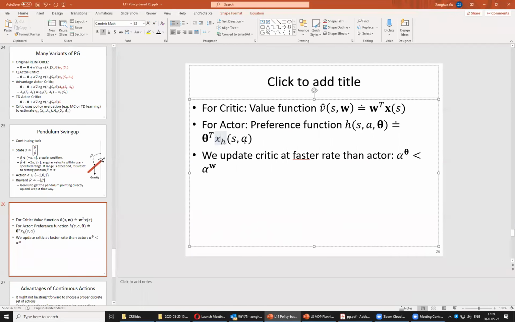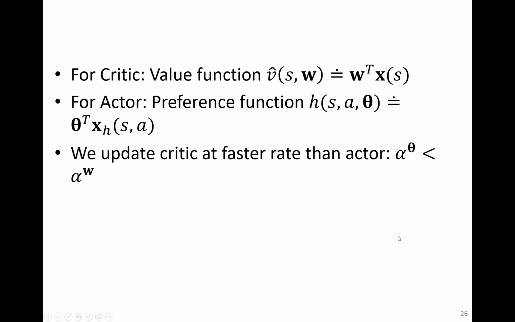And then we update the critic at a faster rate than the actor, with the alpha parameter of the actor smaller than that of the critic. So there are some performance results.